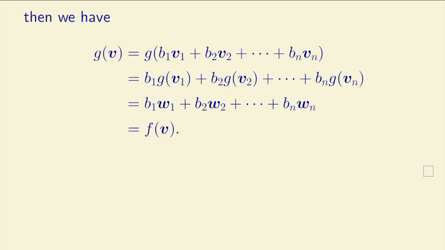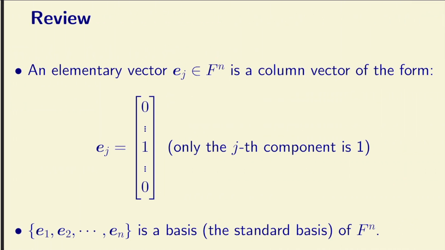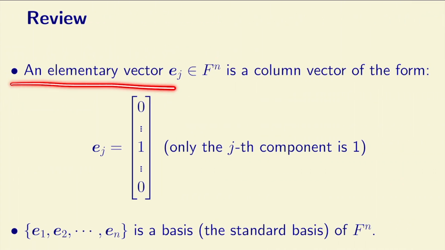So, to summarize what we just proved, to define a linear map, all we need to know is where the basis vectors go. And that gives us one and only one linear map. You got it. And the rest of the notes apply this idea to matrices, which is what we were doing in class yesterday. They're reviewing the idea of an elementary vector, ej, which is just a vector with a 1 in the jth position and everything else is 0.